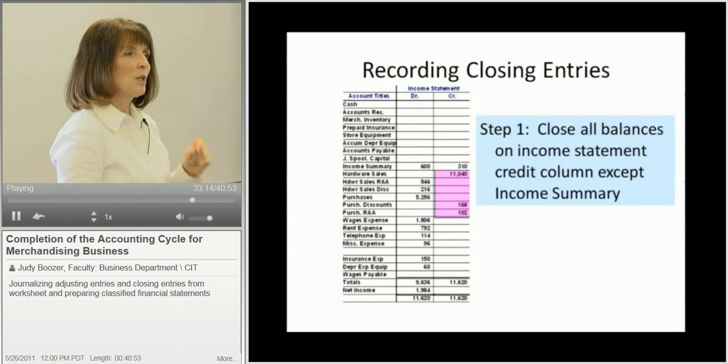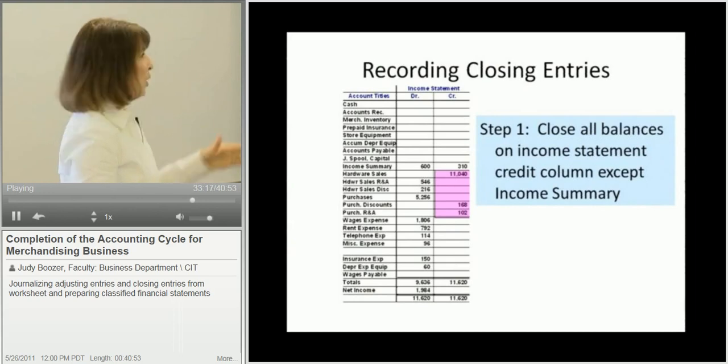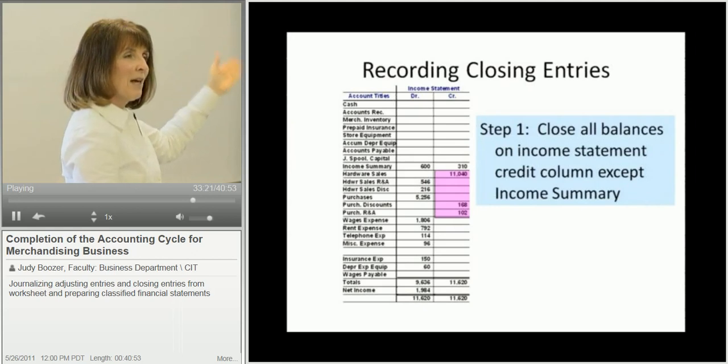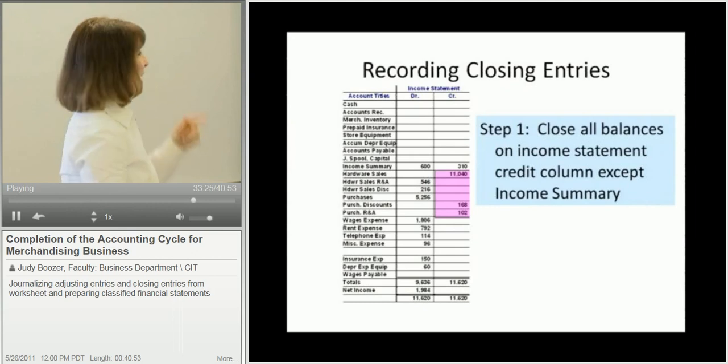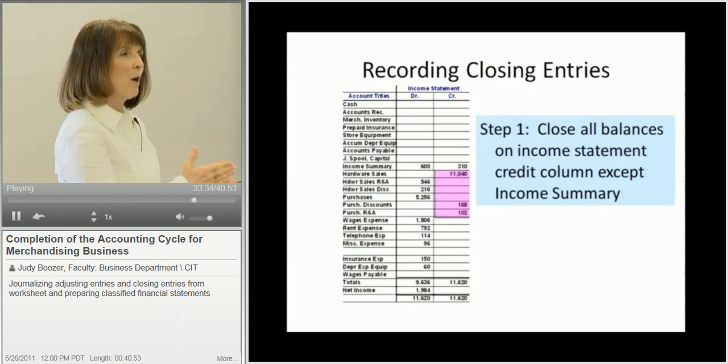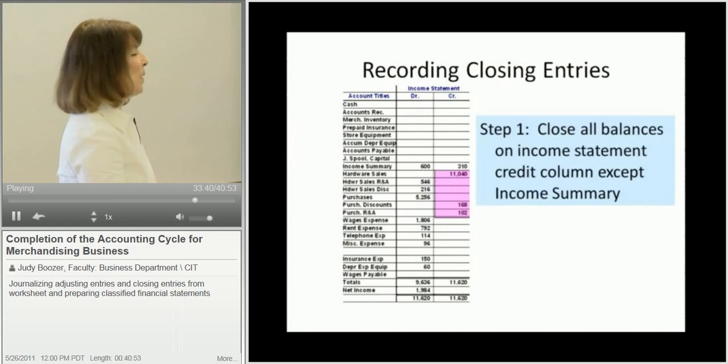and we're going to do what's called compound entry. We're going to close out all credit balance accounts on the income statement columns, except for income summary. We're not going to do anything with income summary right now. So we're closing out all credit balance accounts on the income statement. Now, what are we going to close them to? Income summary, that temporary account.